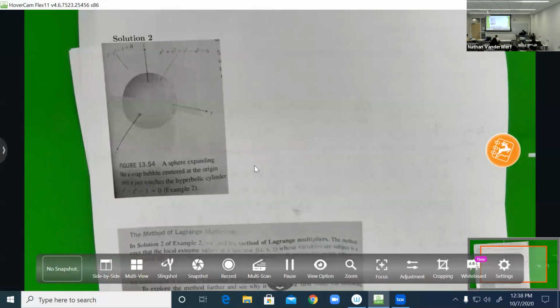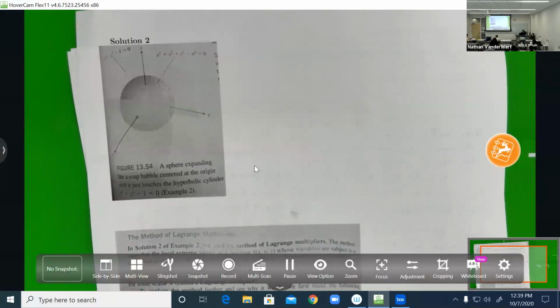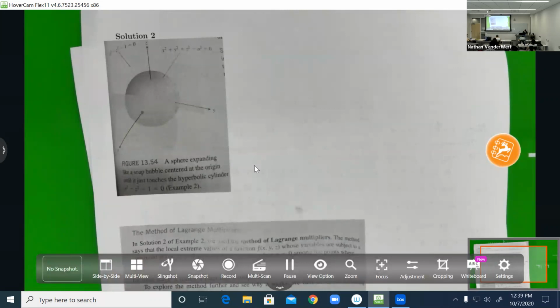We're looking at where these are going to touch and where their tangent planes are going to be parallel. The key is that pictorially, the tangent planes are parallel at the place where this quantity is minimized or maximized.